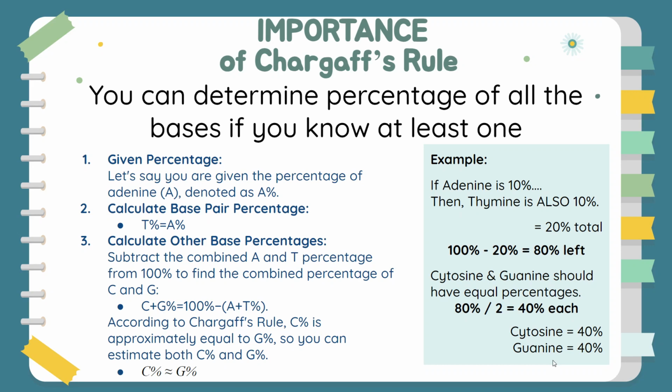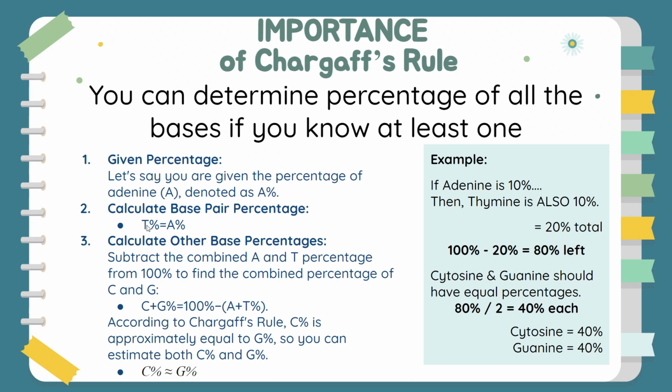To calculate, you would follow this basic formula. Let's say you're given the percentage of adenine, A, which we're going to denote as percent of A. According to Chargaff's rule, if A is the percentage of adenine, then thymine should also be approximately equal. So you can estimate that the percentage of the given base is equal to the percentage of its complementary base.